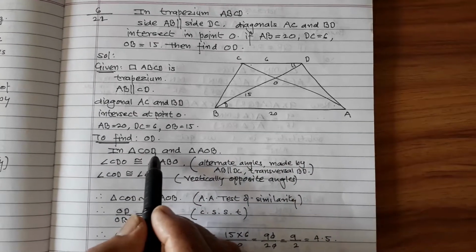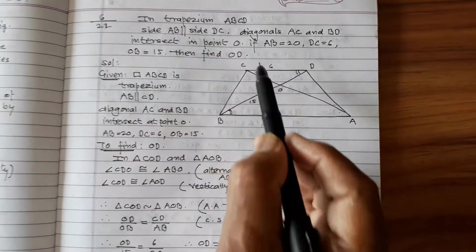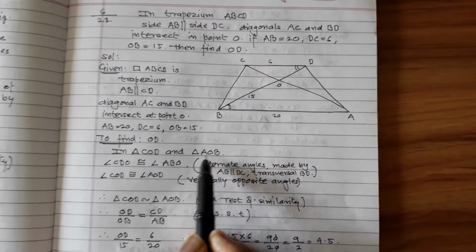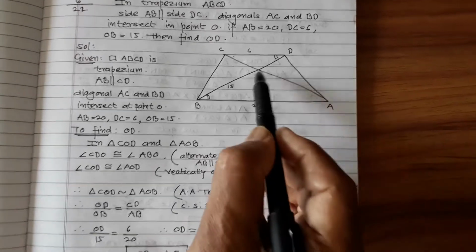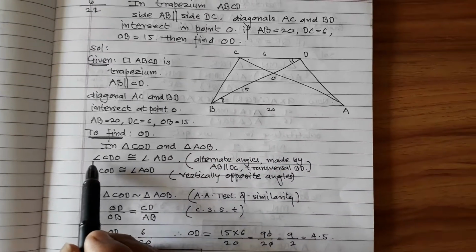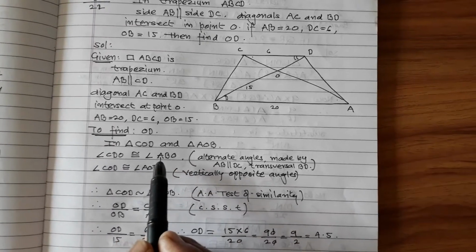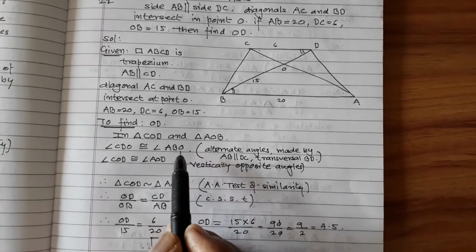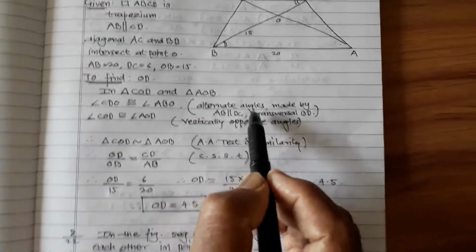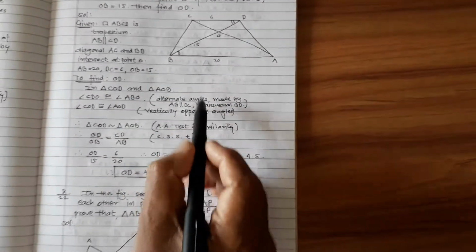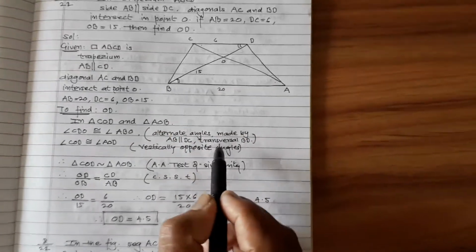In triangle COD and triangle AOB, angle COD is congruent to angle ABO, alternate angles made by AB parallel to CD and this transversal BD.